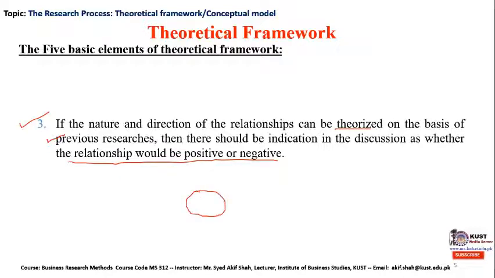Like if this one is our independent variable and the second one is our dependent variable, then in the theoretical framework it must be clearly stated that if there is an increase in this particular independent variable, it will lead towards an increase or it will influence positively the dependent variable.